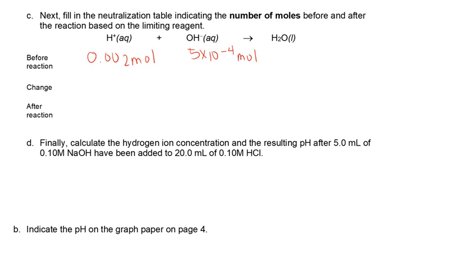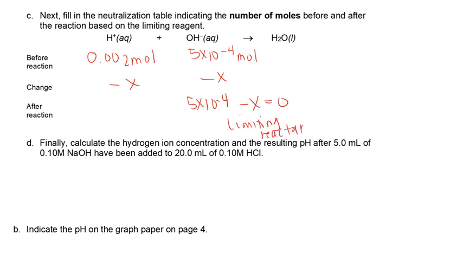So when we were changing, this was minus X, this was minus X. So we saw OH minus reacted completely. So we know that this needs to equal 0. So we know that 5 times 10 to the negative 4 minus X needs to equal 0. And therefore, this is the limiting reactant.